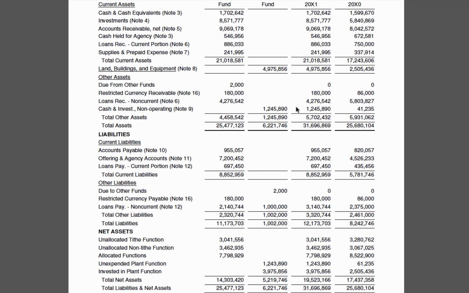If you're talking about the assets and the liabilities and the equity that belongs to the unexpended plant subfund, you would refer to the unexpended plant subfund. But if you're talking about the net assets that belong to that subfund, you would call it the unexpended plant function. Pretty wild, huh?